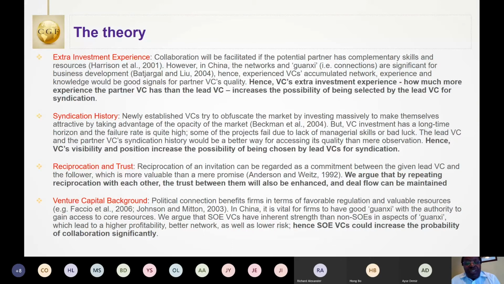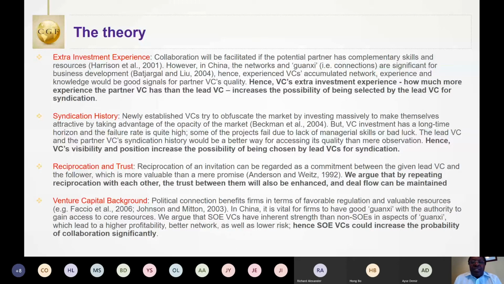However, in China that we're investigating, the network and Guanxi, I hope I'm pronouncing this correctly, the connections, we know that they are significant for business development. The paper by Jagger and Liu, 2004, has mentioned this. So experienced VCs, accumulated network, and knowledge are important signals for partner VC quality.